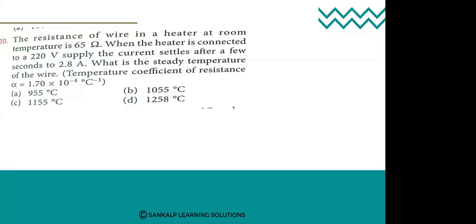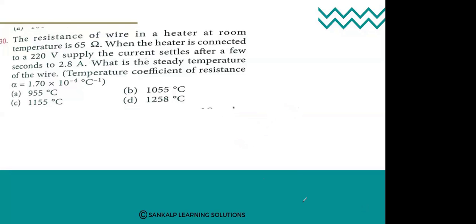So once you calculate that, you have RT, R0 value, alpha is also given. RT you can check by using Ohm's law, that is V by I. Once you get the RT, you can use RT is equal to R0 into bracket 1 plus alpha T, and you can simplify it for only T. That's it.